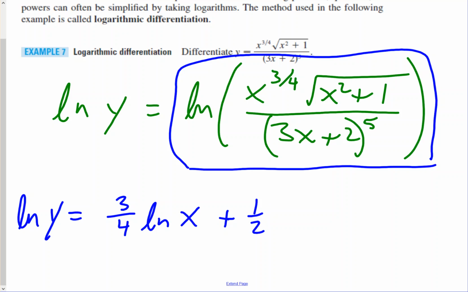So 1/2 ln of x squared plus 1. And then minus, because we have a denominator here, and then the 5 would come in front, ln of 3x plus 2.